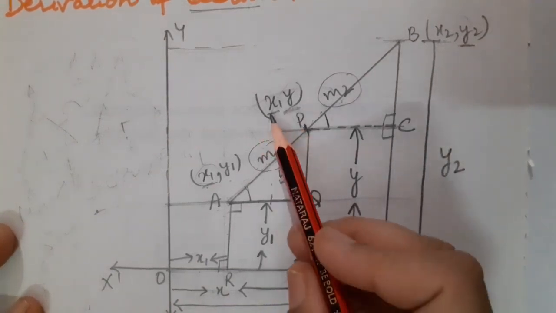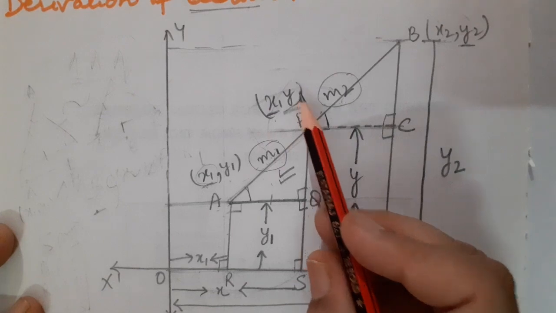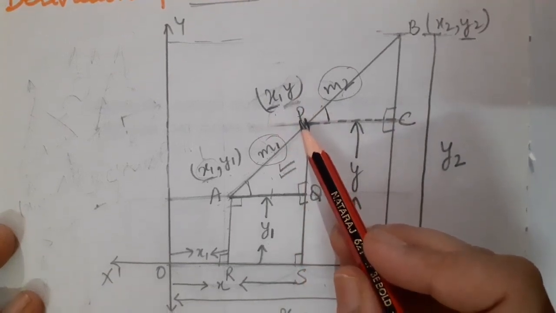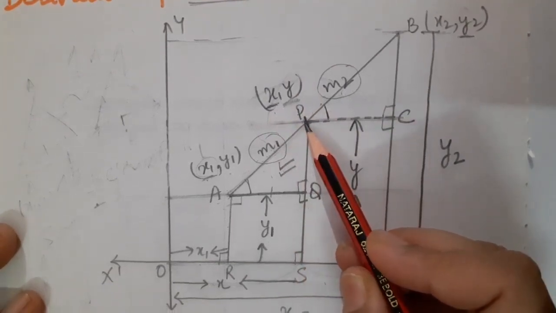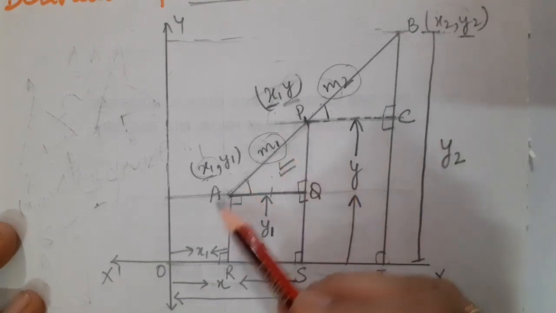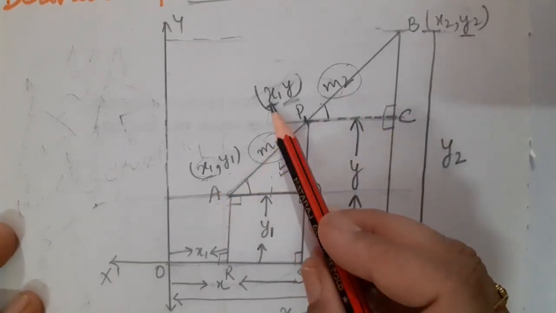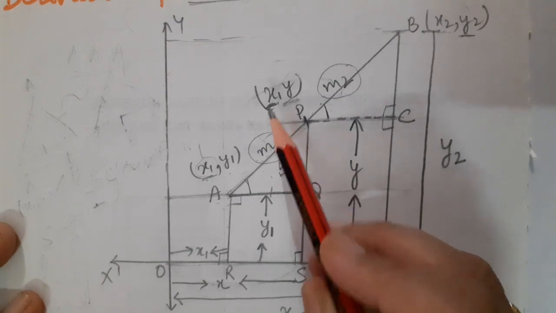Okay. So how will we calculate? First of all, I have assumed here let x and y be the coordinates of point P, which is actually known as the point of division of this line segment AB. Okay. So I told you how we will memorize this formula.